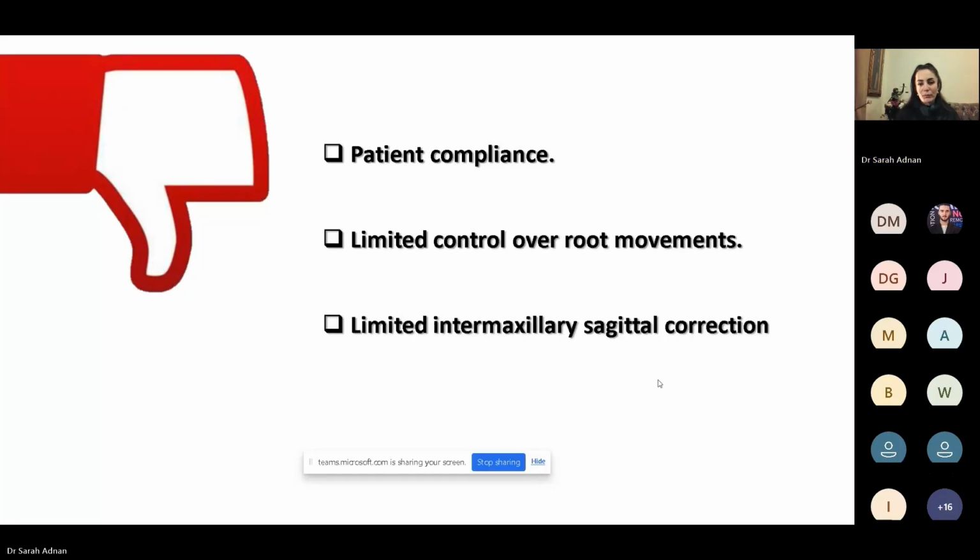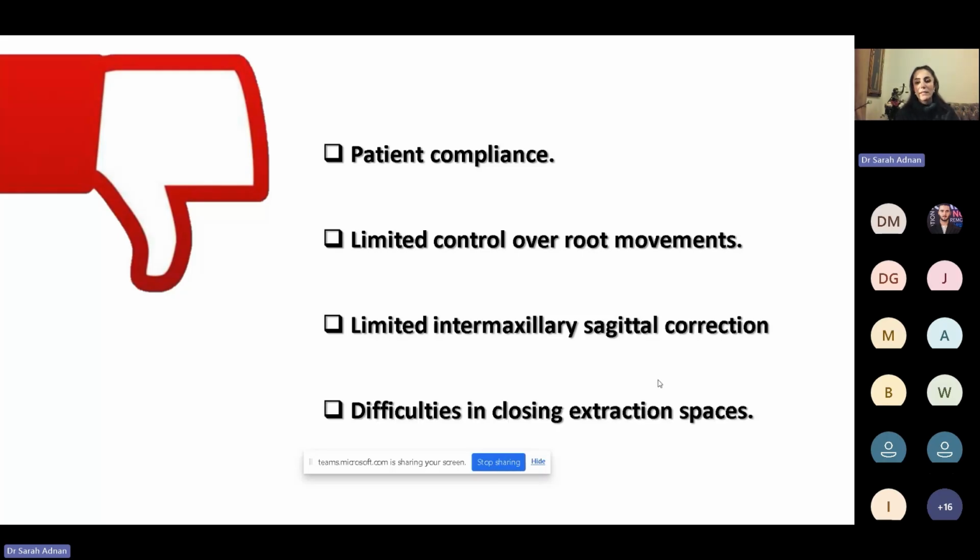Also, there is limited control over root movement and complicated tooth movement, limited intermaxillary and sagittal correction, and difficulty in closing extraction spaces. However, most of these complications are not due to errors in planning, but due to problems that occurred during treatment, such as poor follow-up and inadequate or delayed clinical control.